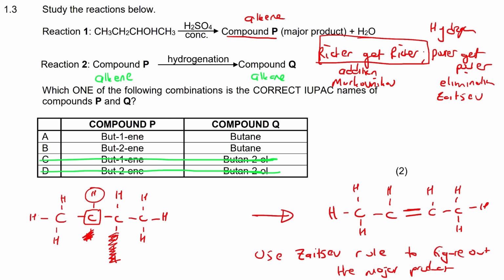So that is what compound P is going to look like. It is an alkene, 4 carbons, so it's BUT. And we can see that the double bond is on carbon 2. So it's going to be the one that's on carbon 2. Many learners are going to say the one on carbon 1, but that is because you are then forgetting about the Zaitsev rule. So the answer is B.